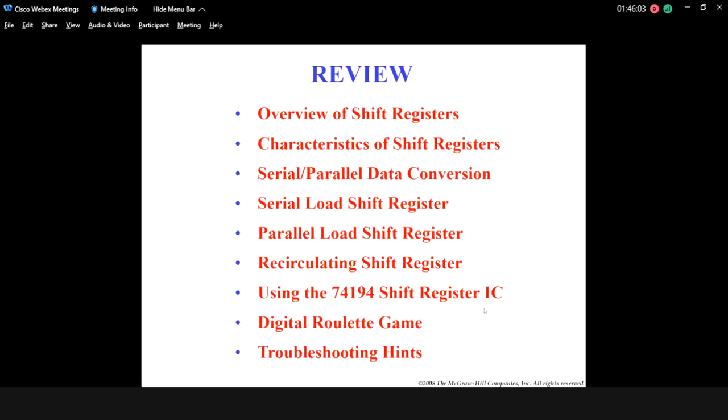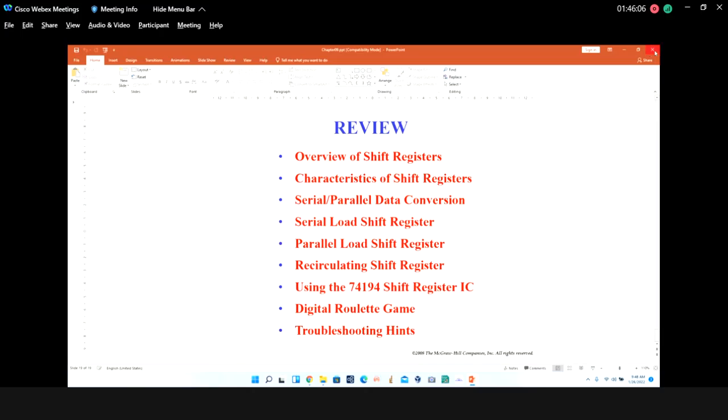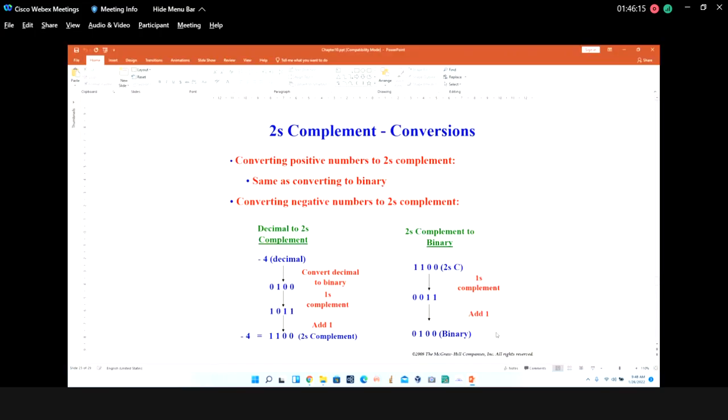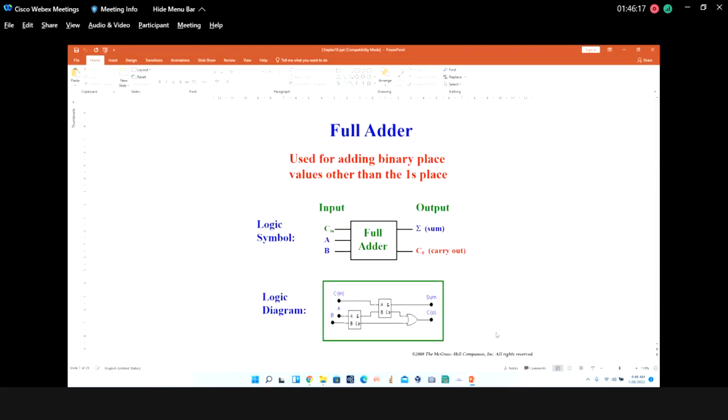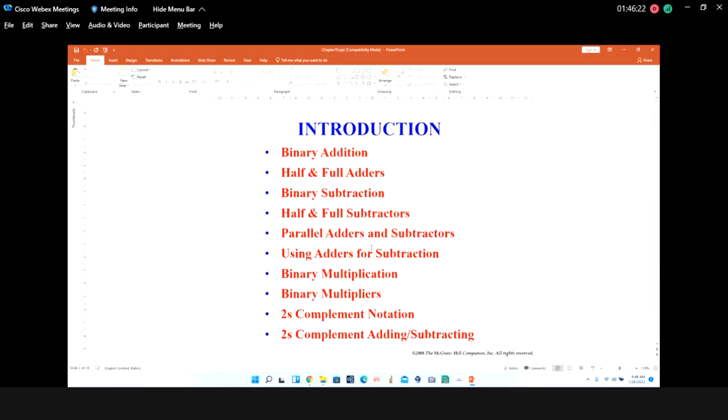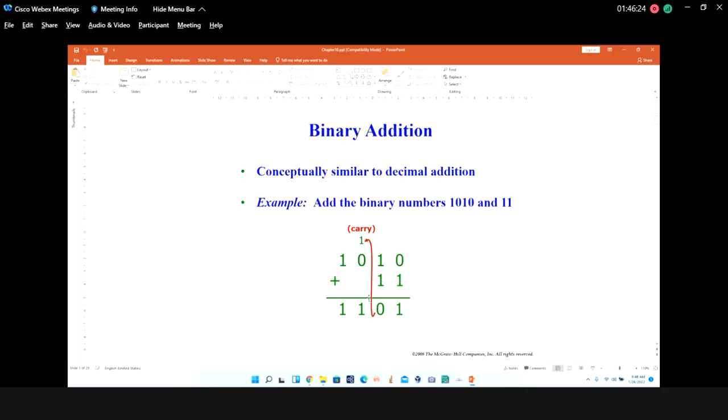Okay. So this one is for arithmetic. I do not think I want to continue on this, but it is quite nice for you to learn, because maybe you want to get the idea of how your calculator adds binary numbers.